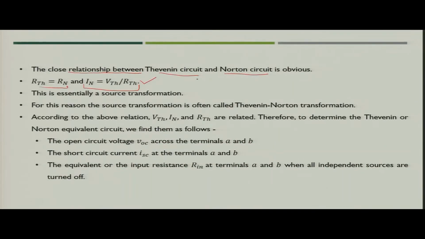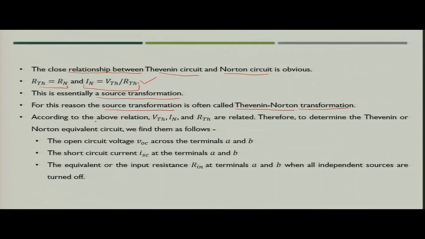So, Thevenin's and Norton's theorems are related with each other with the help of source transformation. RTh is equal to Rn and IN, the Norton's current, is equal to VTh divided by RTh. You can simply say this is nothing but a source transformation. That is why the source transformation is also called Thevenin-Norton transformation.